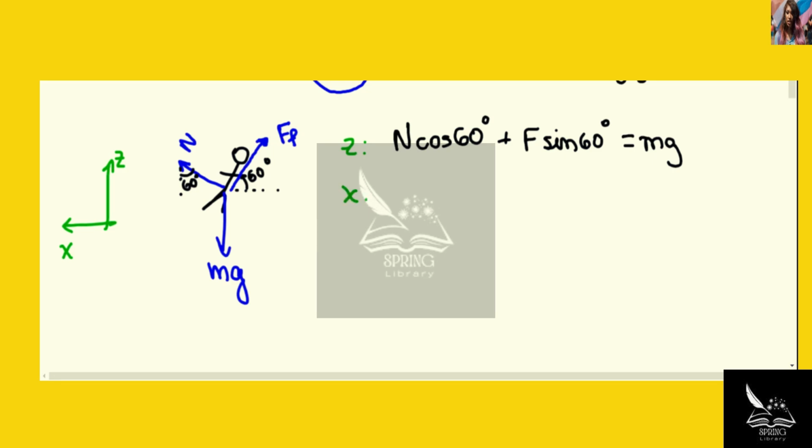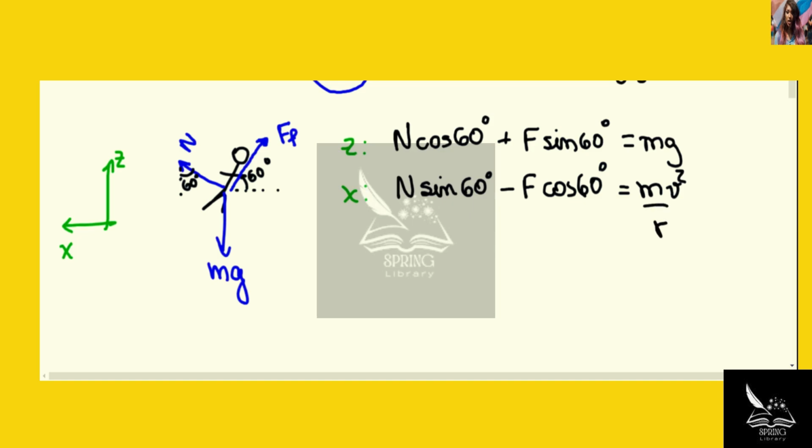In the x component, we have n times the sine of 60 minus f times cosine of 60, and this is equal to the mass of the man times the centripetal acceleration, which is v squared over r, as I said before.